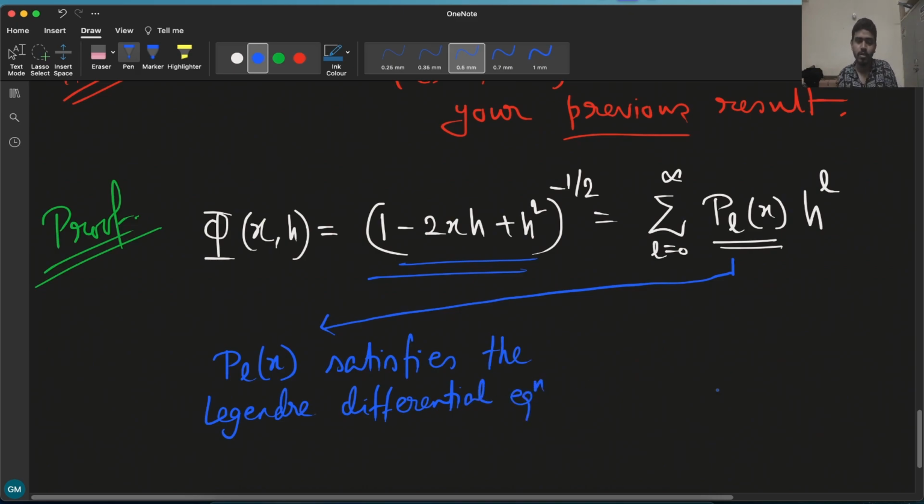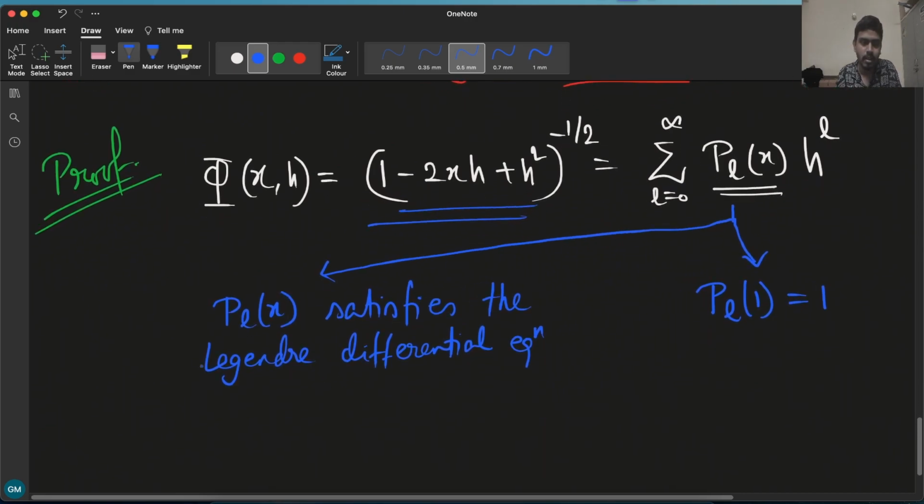And that's not the only thing we have to prove. We have to also show that p_l(1) equals 1.